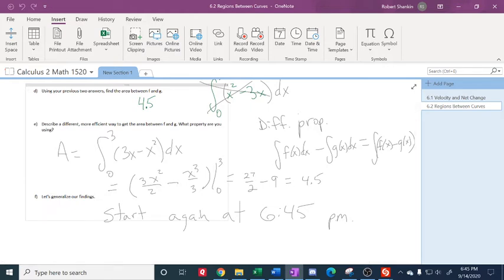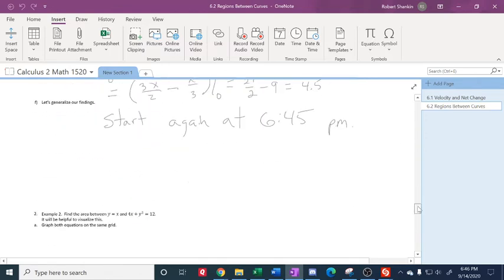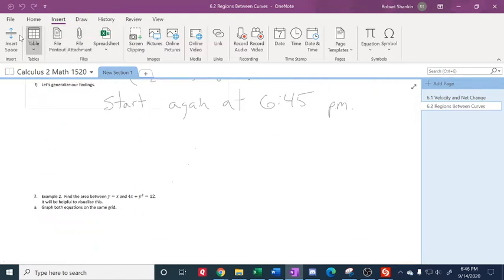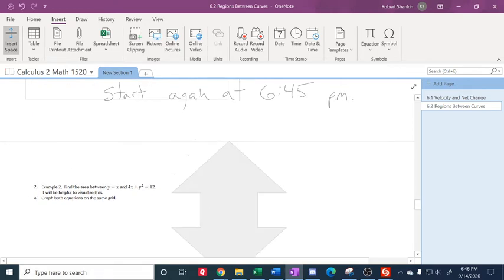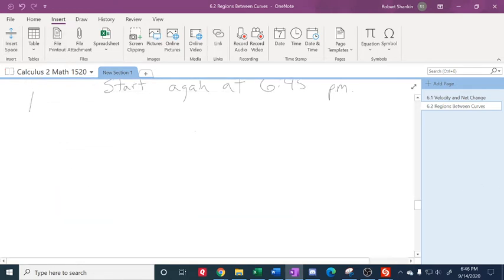This works remarkably even when, let's say, one of the curves is below the x-axis. Let's insert a little more space here. If one of the curves is f, the other curve is g, and we're going between a and b.